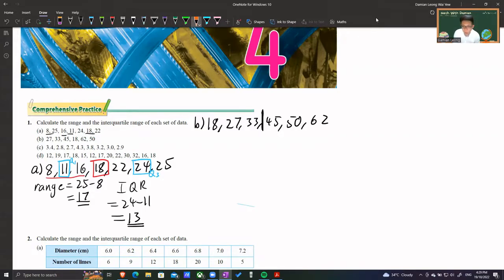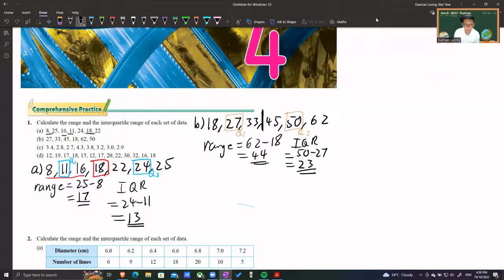To the left of the median, these three numbers, the middle of it is the first quartile. To the right of it, the middle is the third quartile or upper quartile. So range, highest value minus lowest value, 62 minus 18, which is 44. And interquartile range, 50 minus 27, which is 23.